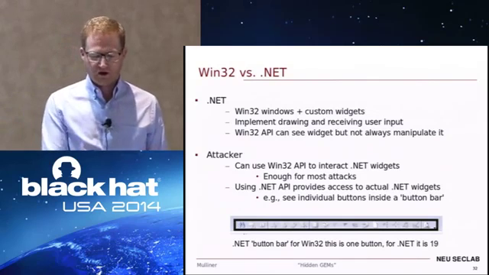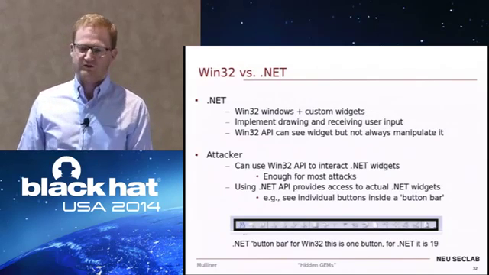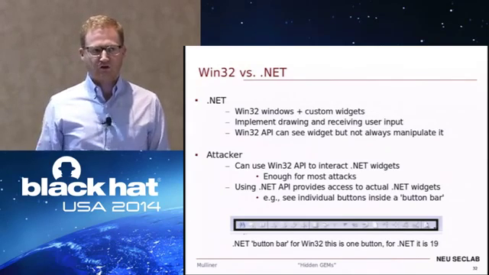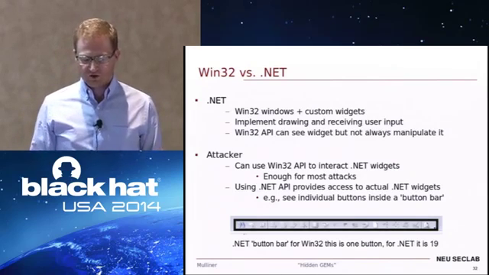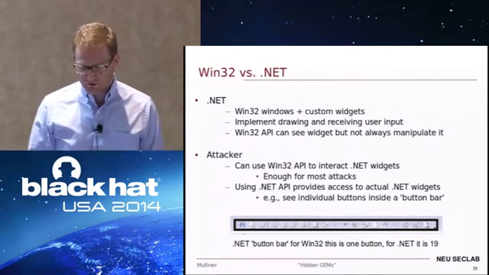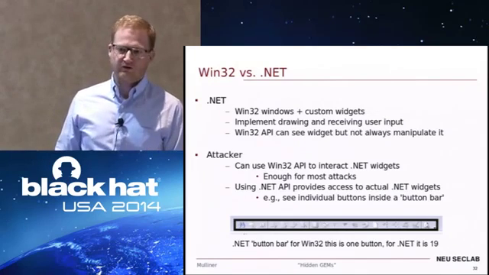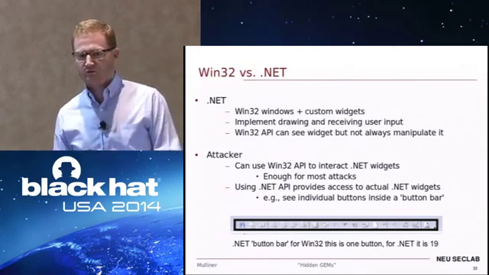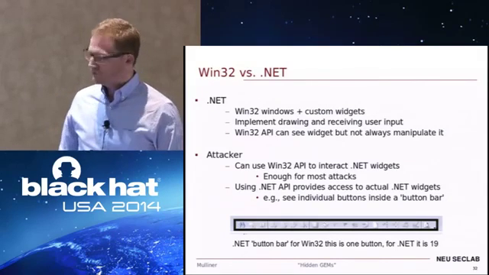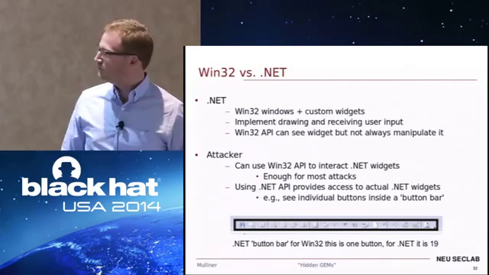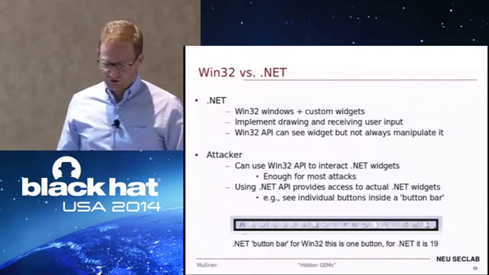But if you want more sophisticated or more detailed access to what's going on inside of an application, if it's not a Win32 application but a .NET application, for example, you use the .NET API to send specific commands to specific kinds of windows. One very easy example is this button bar from one of the applications.